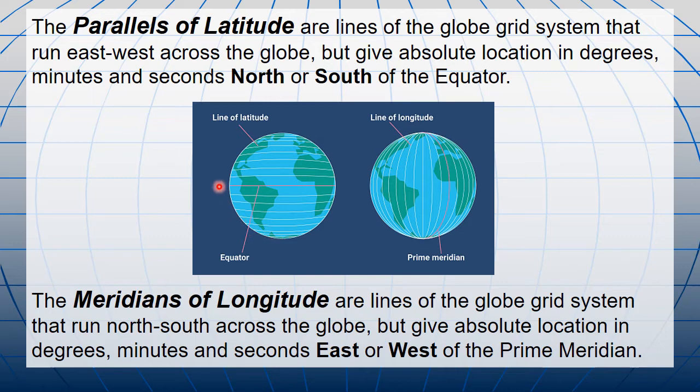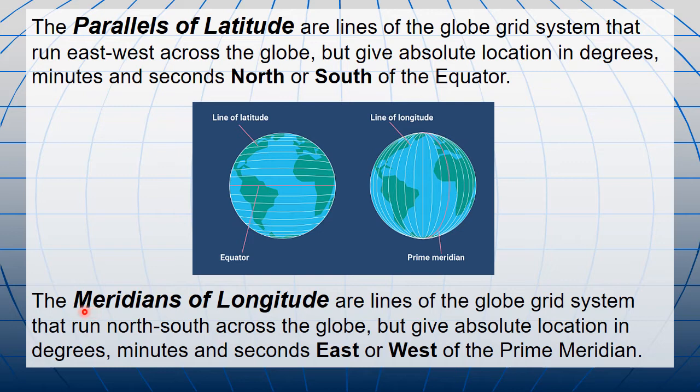Quick, what's the lowest possible latitude that you can have? Yes, 0, that's the equator. What's the highest possible latitude that you can have? That's either the North or South Pole. That's 90 degrees. Okay, so the parallels of latitude give your position on a scale of 0 to 90.